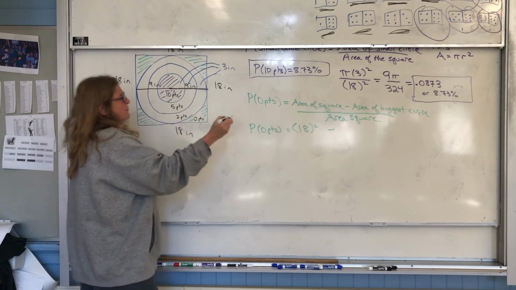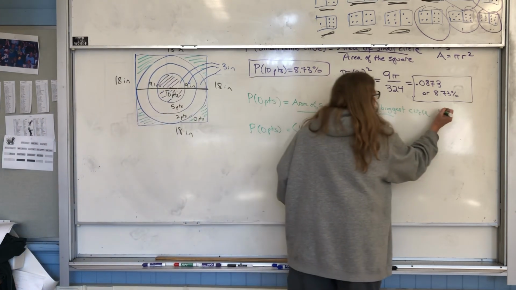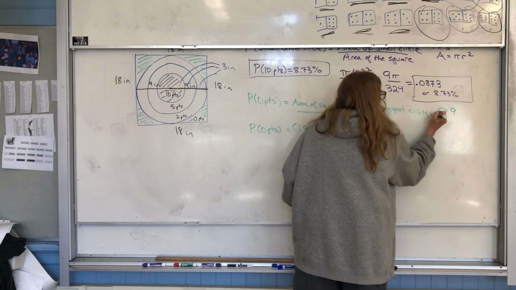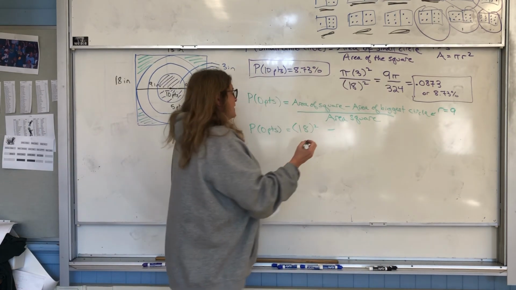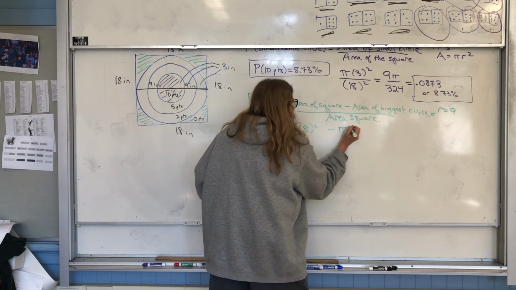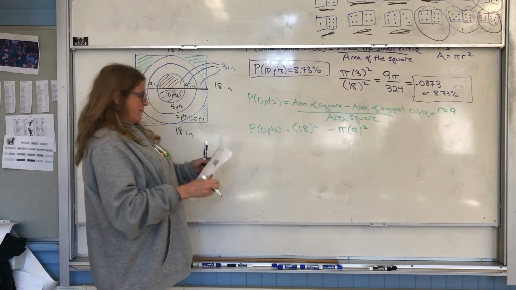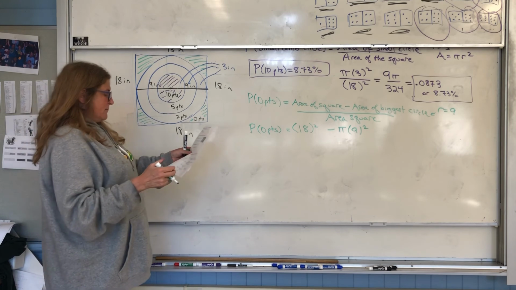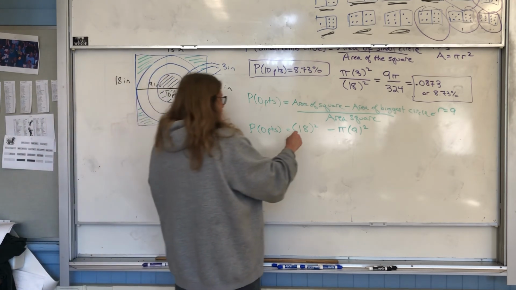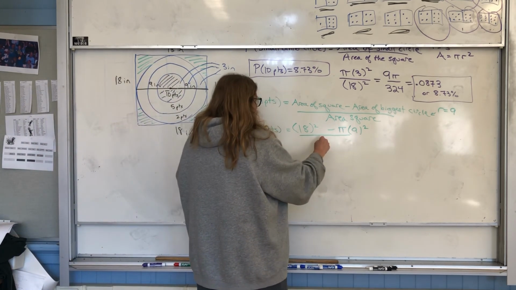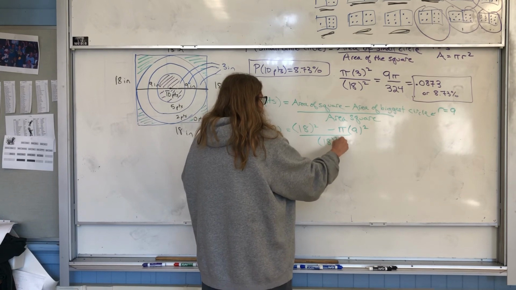The radius of the biggest circle is equal to 9. So I can say that's equal to pi times 9 squared, and then it's divided by the whole figure, which is 18 squared.